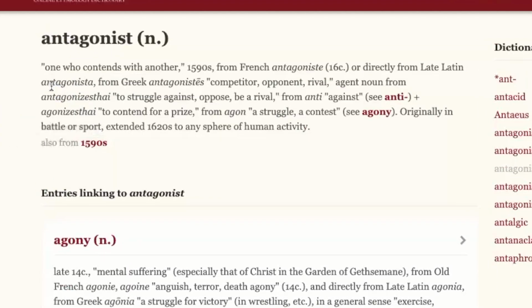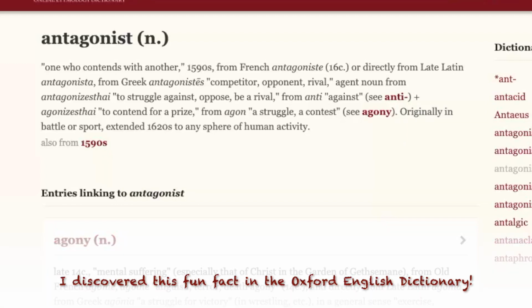So let's look up antagonist. Now, the word antagonist, one who contends with another, is from the 1590s. So originally, the word antagonist was not related to characters in a play, performers, or any of those things. The word antagonist was talking about rivals or opponents or competitors. In fact, it wasn't until 1914 that the word antagonist was used to talk about characters in a text.